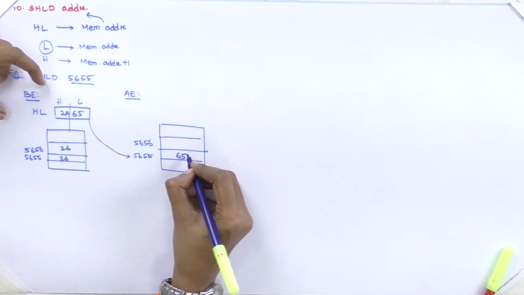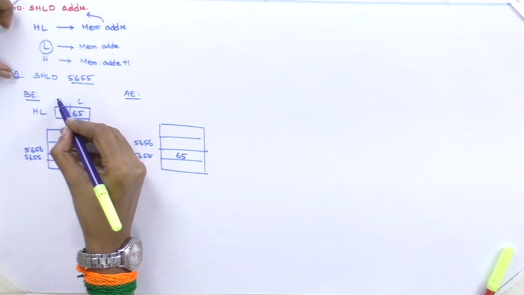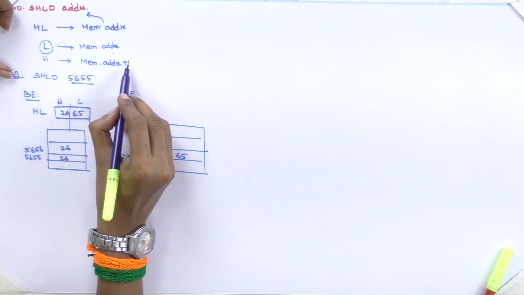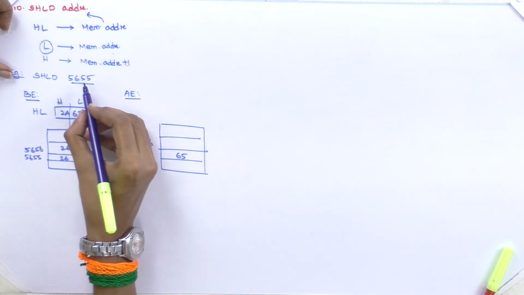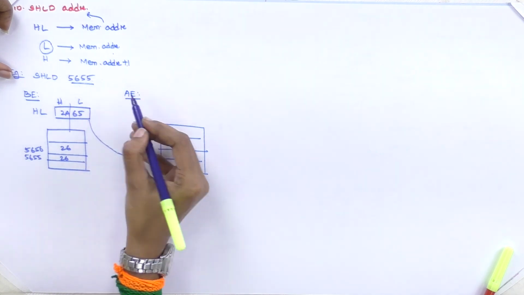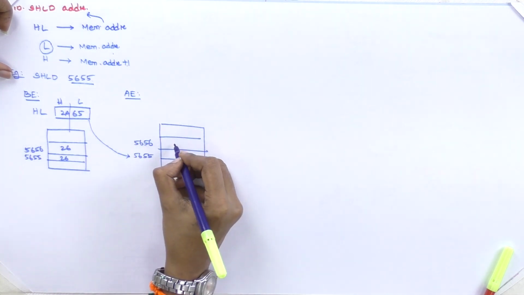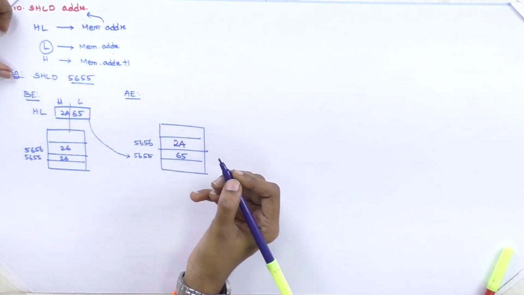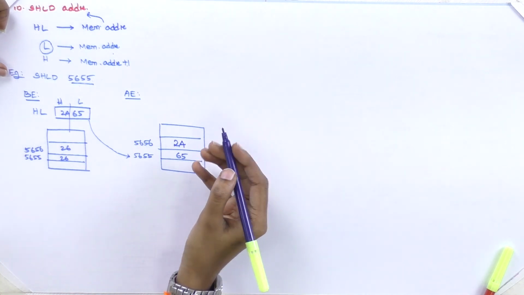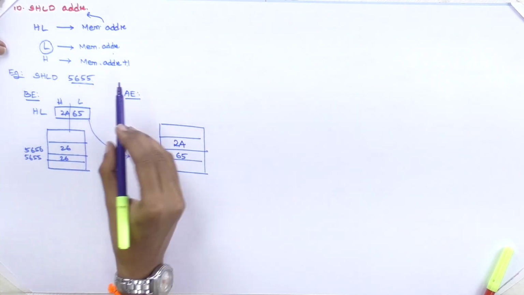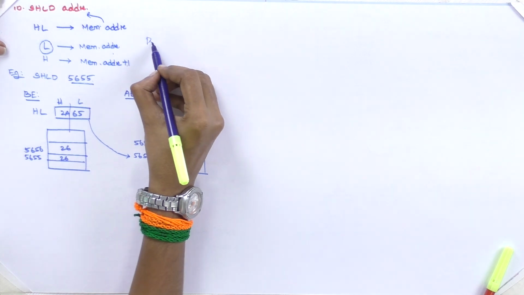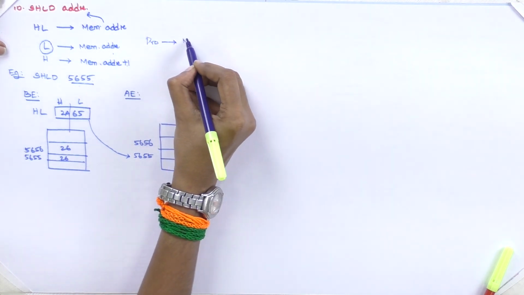The value in H will be stored in the memory address plus 1, which is 5655 plus 1, that is 5656. There 2A will be stored. So store is nothing but moving the value from the processor to a memory location. The remaining data transfer instructions we will see in the next video lectures.